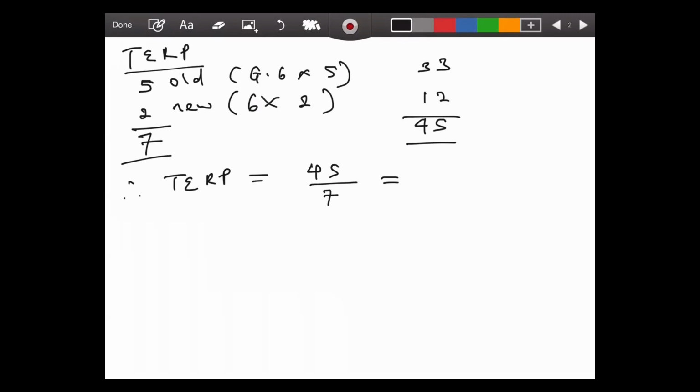This gives 6.4285, approximately 6.43. So 6 naira 43 kobo. This is requirement A. Let's go back to the question and look at requirement B.